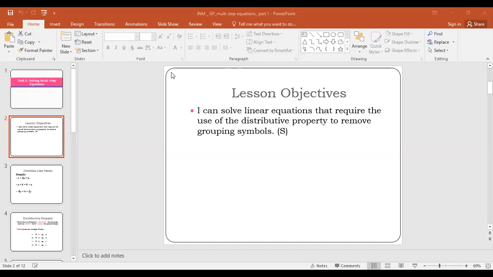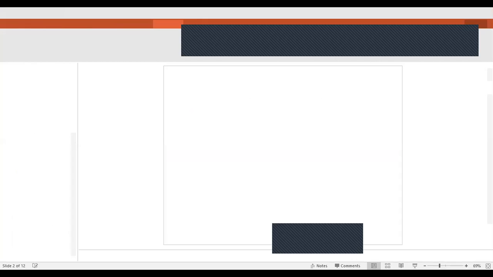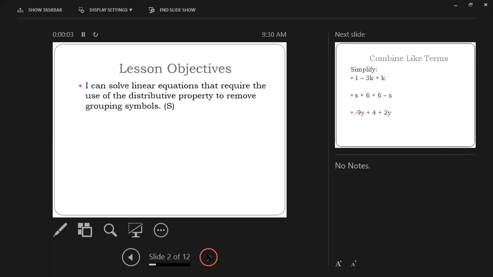All right, now we're going to start looking at some multi-step equations. The only difference between these and the ones that we looked at with the 2-step equations that we started off with today is you've got more steps involved.